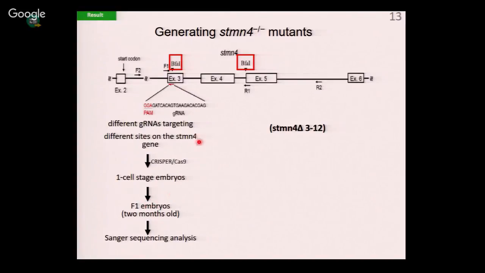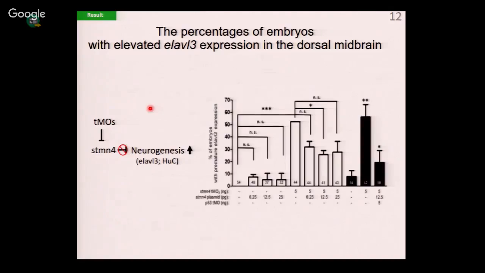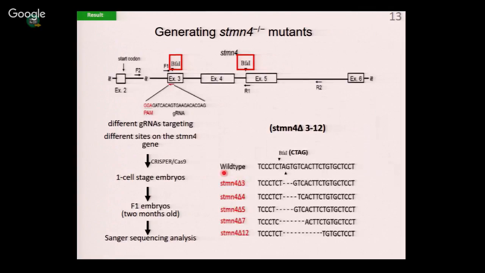They found one of the gRNAs targeted the exon 3 sequence. We can show the sequence here. And they efficiently created deletions in 5 different mutant lines, like here, stem cell deletion 3, 4, 5, 7, and 12 of the stem cell gene.